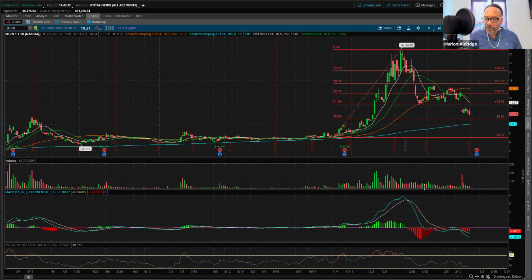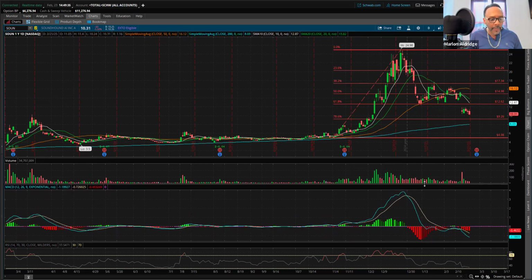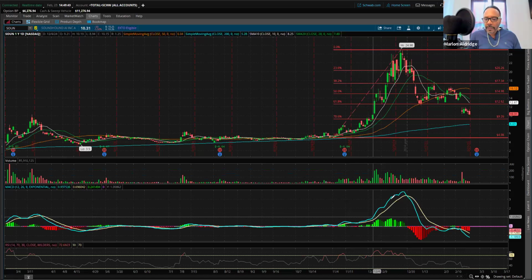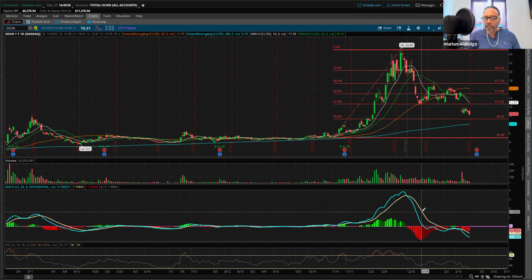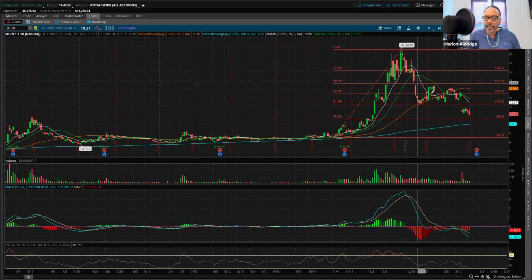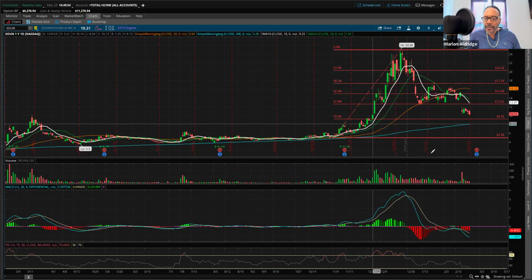I'm going to move this up so that we can see that the blue line, when I'm looking at the MACD, as you can see, both lines pretty much have the same shape, or they follow the same trend as the price action up here.